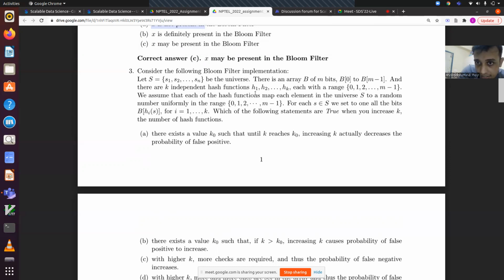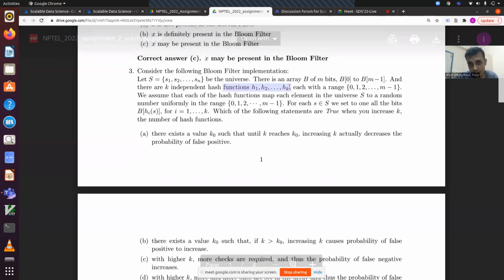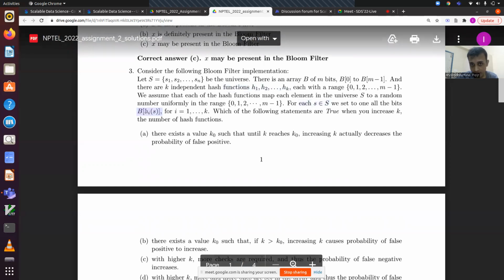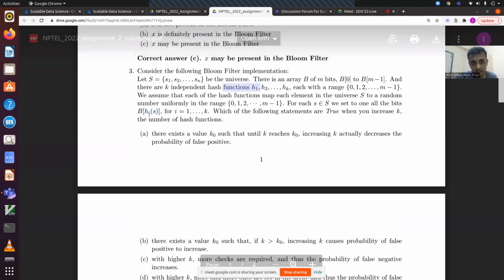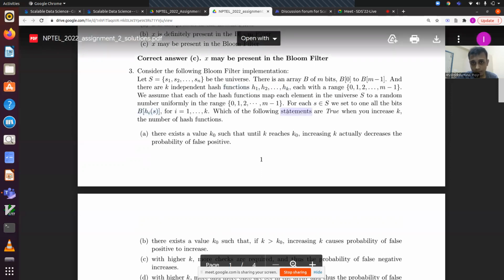For each S, we set to 1 all of the bits H_i(S), for i equal to 1 to K. So for all the hash functions H1 to HK, for each input S, it is setting the corresponding bits to 1. Each hash function refers to a position given by H_i of S, and that position on the bit array is being set to 1. The setup is clear.